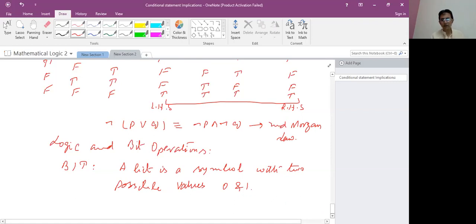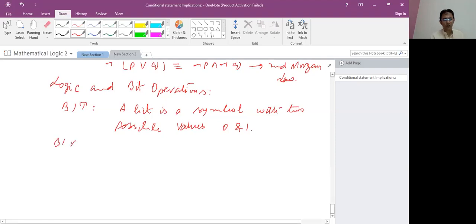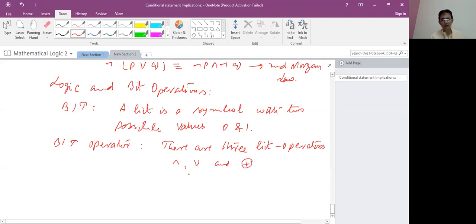Now what is a bit operator? There are three bit operators: AND, OR, and XOR.